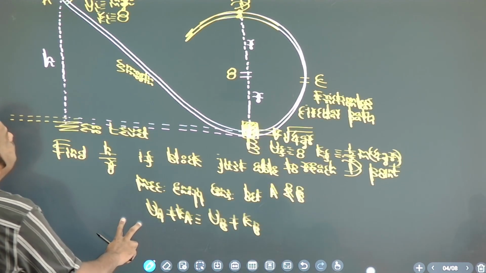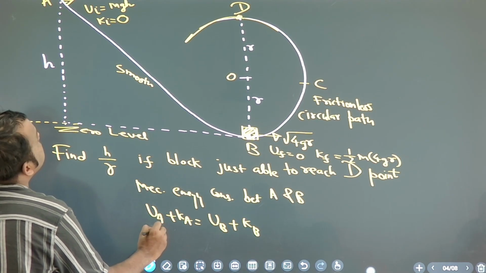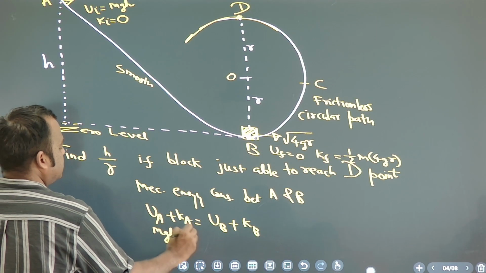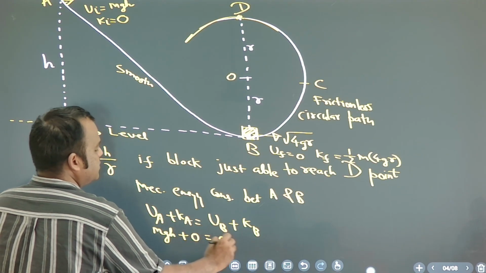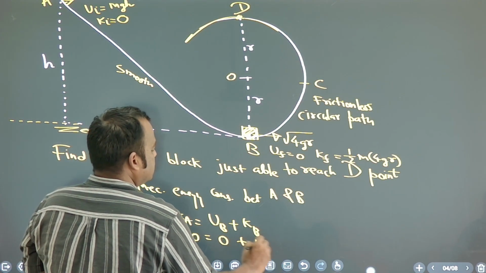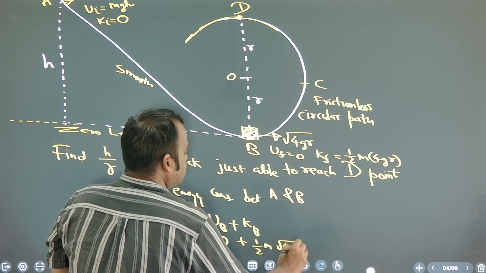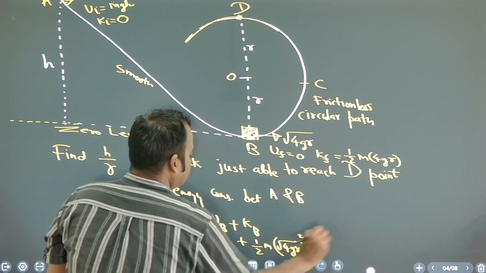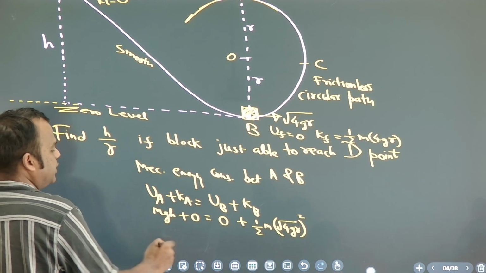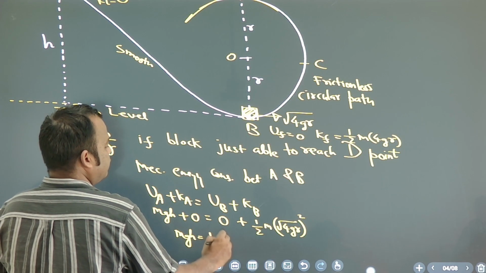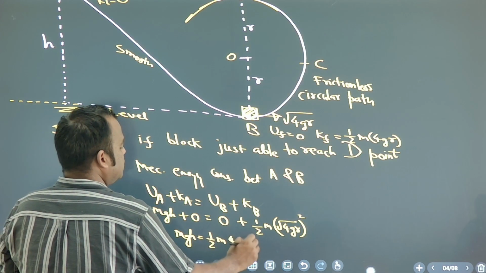So substitute. UA will be mgh, KA 0, UB is 0, KB is half m root 4gr whole square. So you have mgh is equal to half m into 4gr.